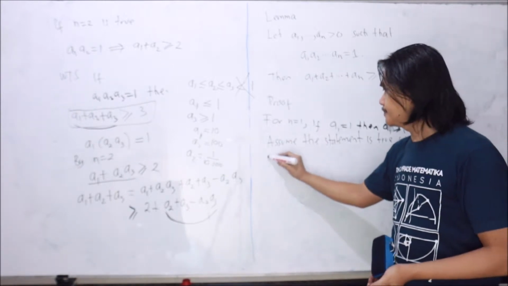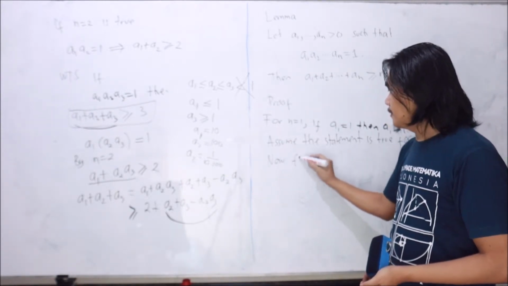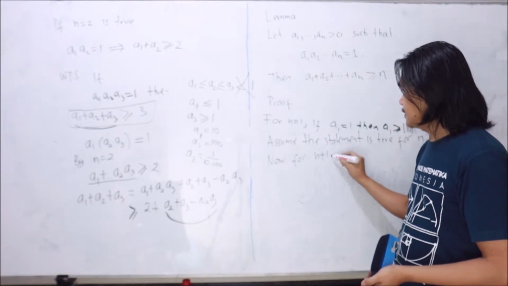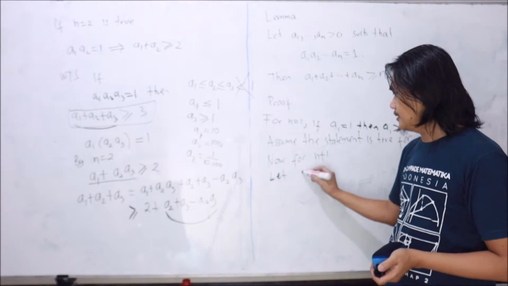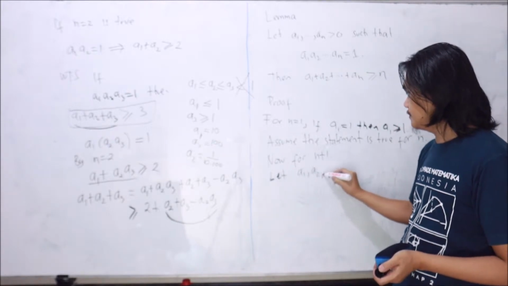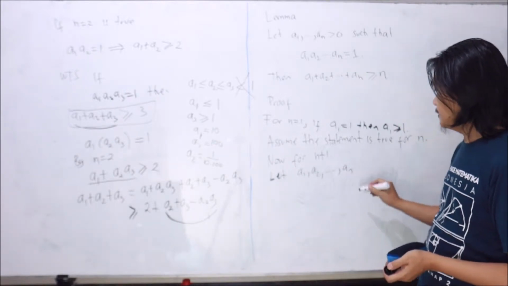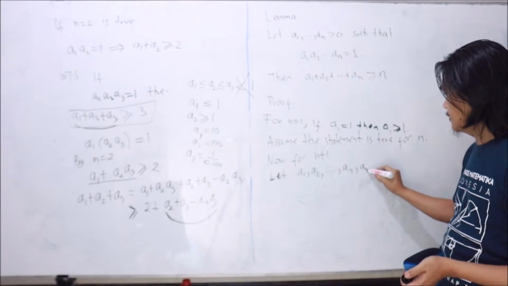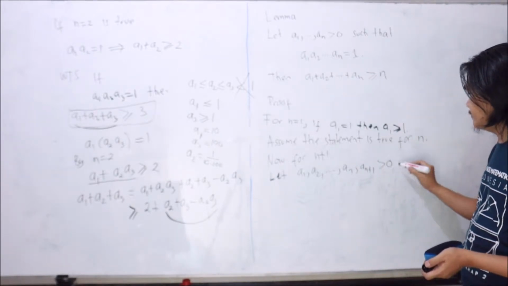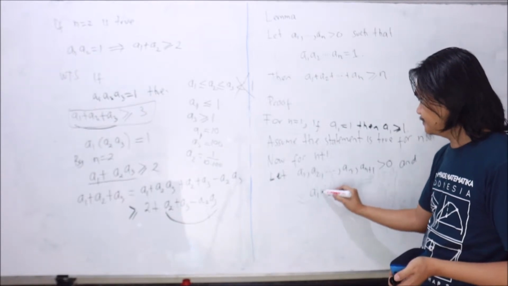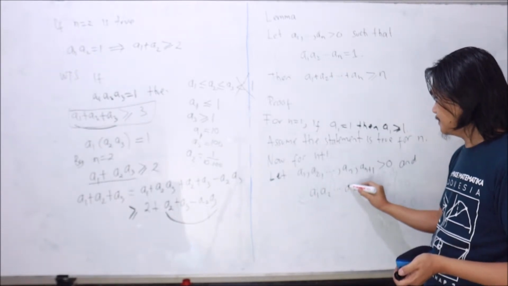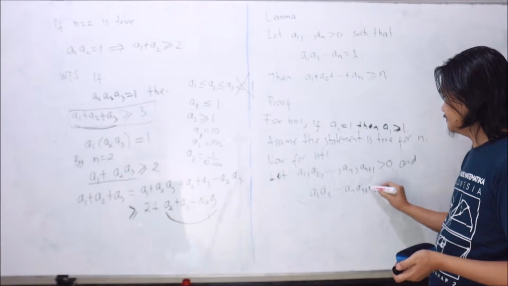Now, for n plus 1, take a1, a2, up to an plus 1 positive, and their product is equal to 1.